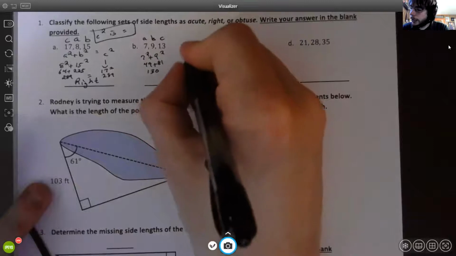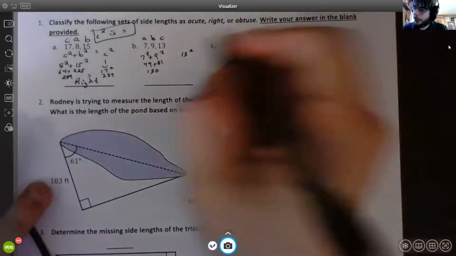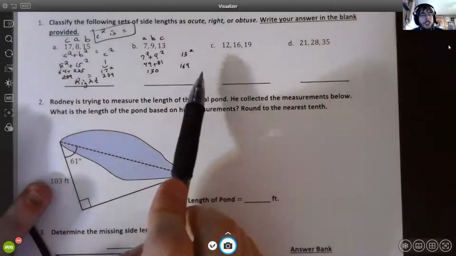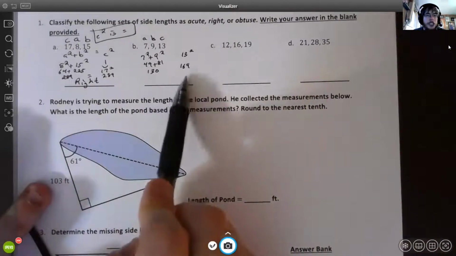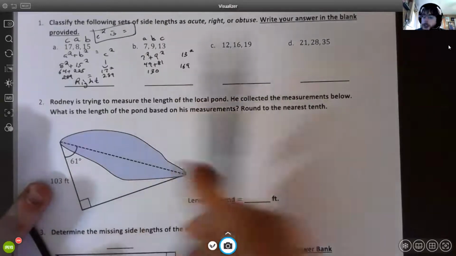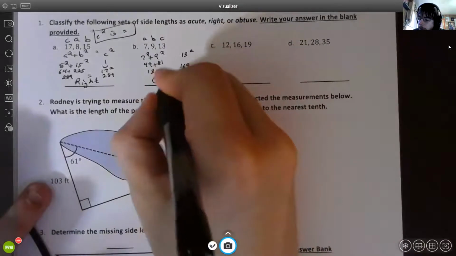C squared is equal to 13 squared, and 13 squared is 169. Now we compare C squared to our other value, and we see that C squared is larger. Since C squared is larger, that means this is obtuse.